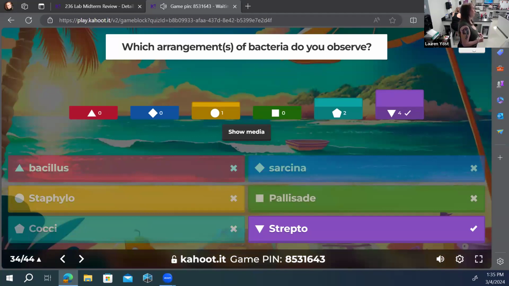So this is going to be strepto because we had mostly chains in this. You could have also picked out a diplo if you really wanted to, because when we look at arrangements, we're trying to look at all of them that are present in your viewing. On the exam, when I ask what's the arrangement of the bacteria, it's just going to be one term that I'm looking for. You're going to pick the one that best fits whatever you're looking at.